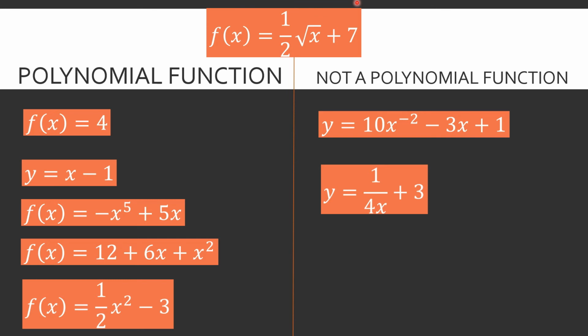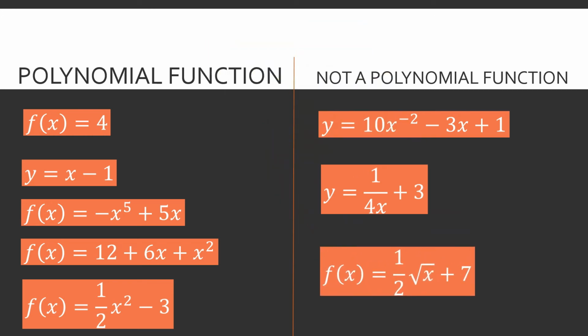Just like what we had earlier, if we have a radical and inside that radical you can see x, then it is not a polynomial function. You just have to take note that for it to qualify as a polynomial function, the exponent of x should be a non-negative integer.